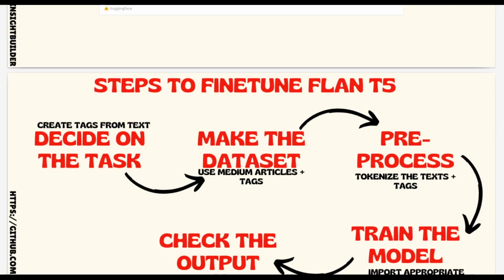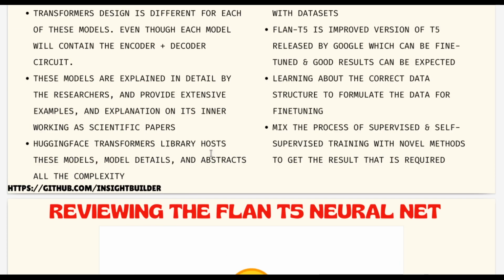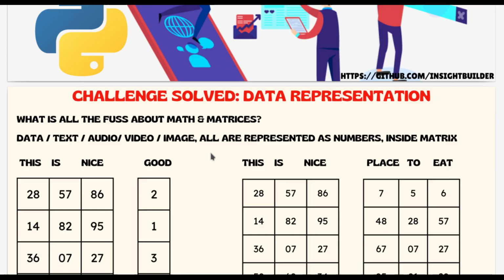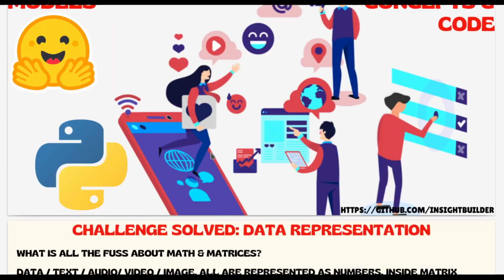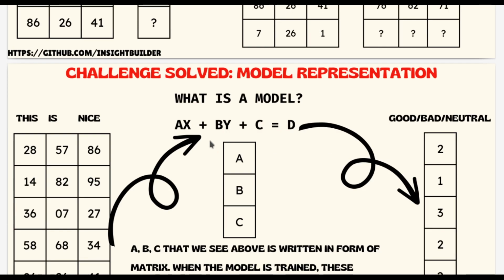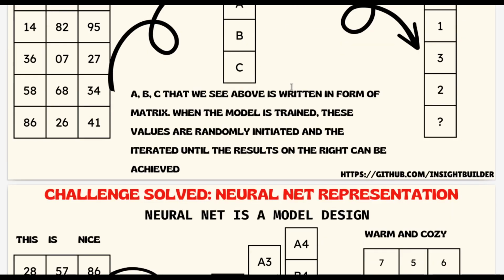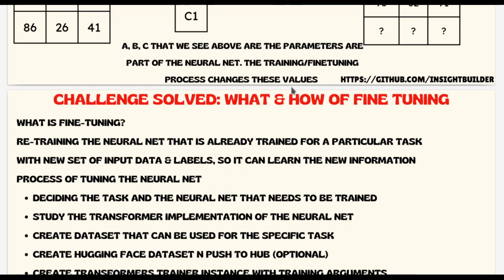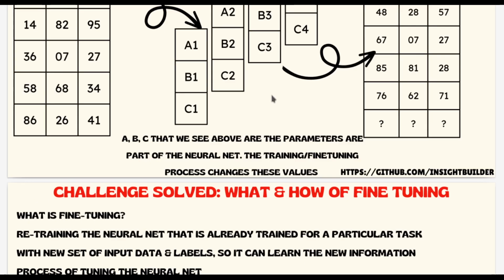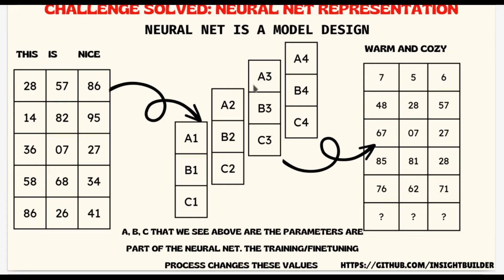In this particular discussion, we have understood not just fine-tuning, we have understood the core concepts of data representation, model representation, neural net representation, and how models like ChatGPT and Bard convert themselves into a kind of die from which they can manufacture lots of data. This is the key point. You guys have to keep it in your mind.